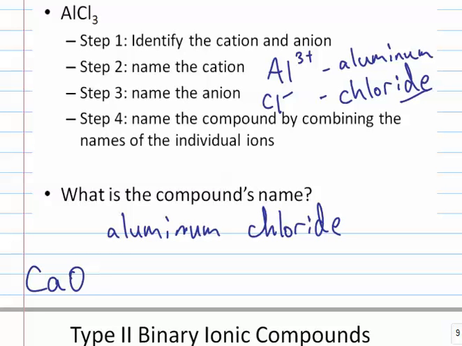And now when we name this, we simply name the cation and then the anion. So our cation is calcium, and then our anion is oxide, again indicating that negative charge with the -ide ending. Next, we're going to talk about our type 2 binary compounds.